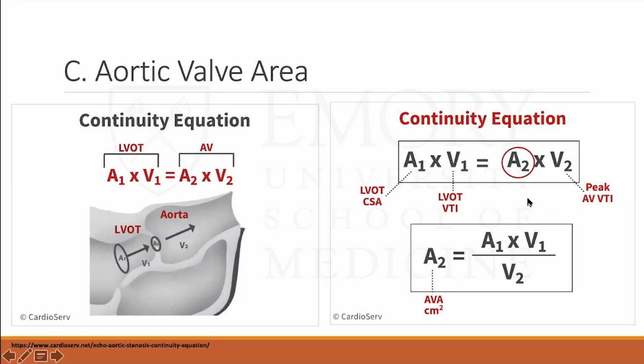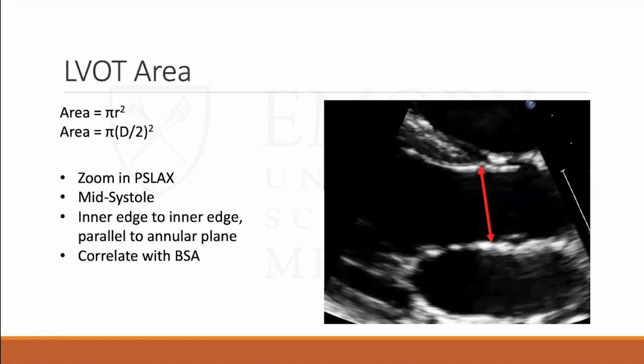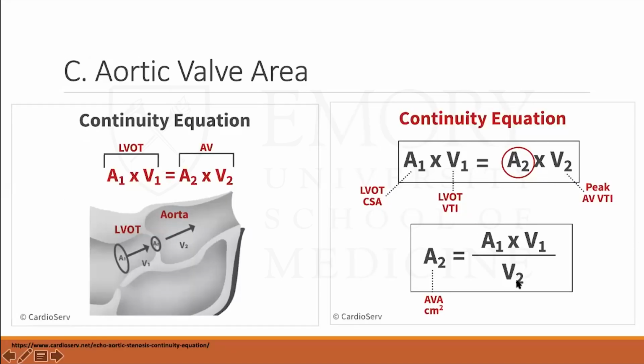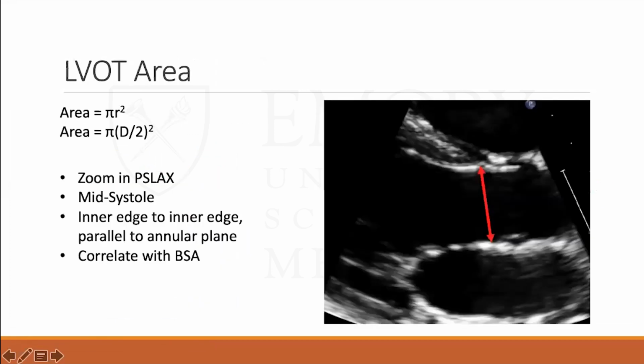If you rearrange that equation, you can calculate your aortic valve area, which is equivalent to your LVOT area times your LVOT velocity divided by your aortic valve velocity. So you basically need those three numbers in order to calculate an aortic valve area.